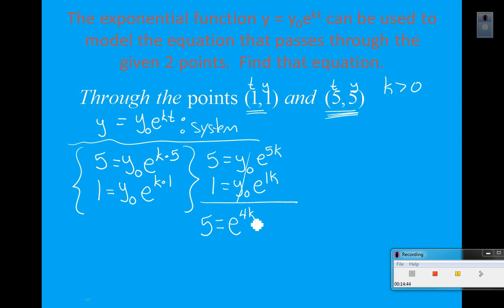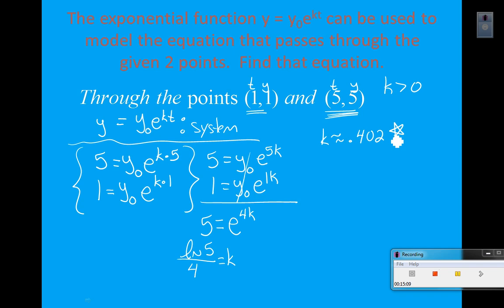Now notice I just have one unknown, so I need to solve this for k. So k is going to be the natural log of 5 all over 4. That's going to be my k value. So k is approximately 0.402. So there's one piece of my puzzle.